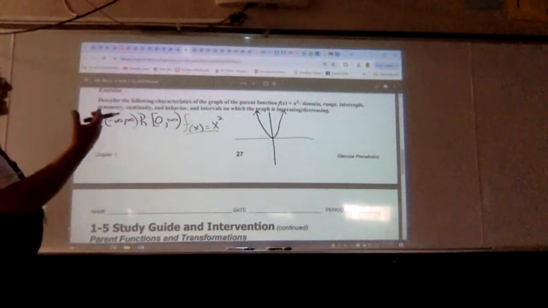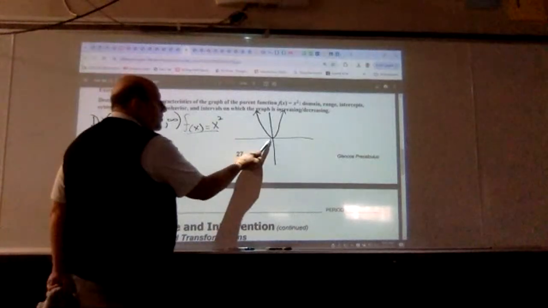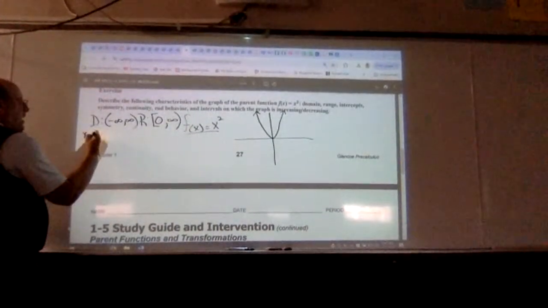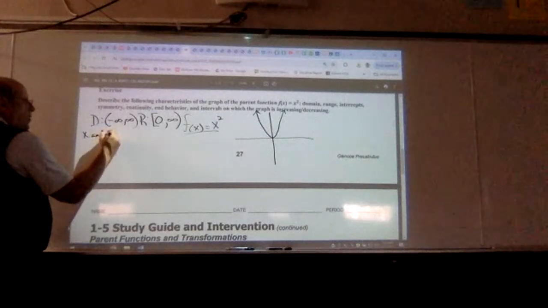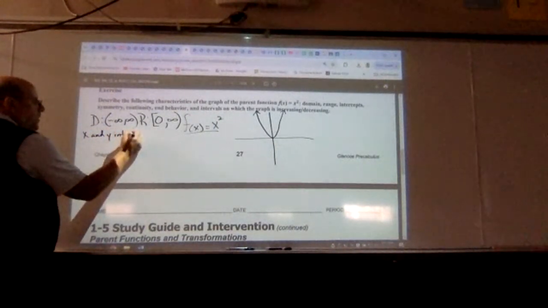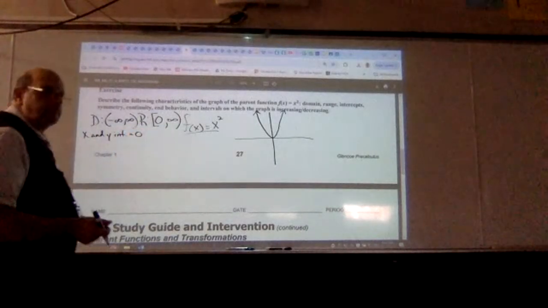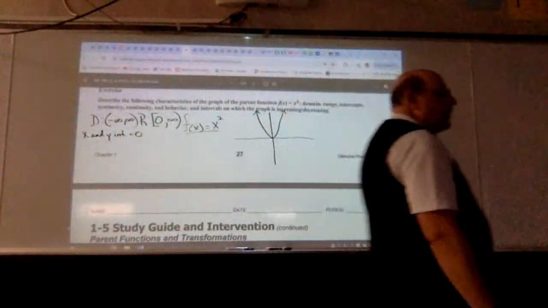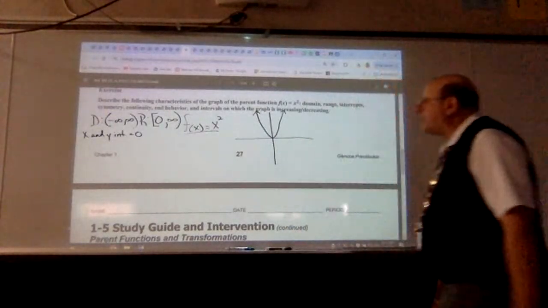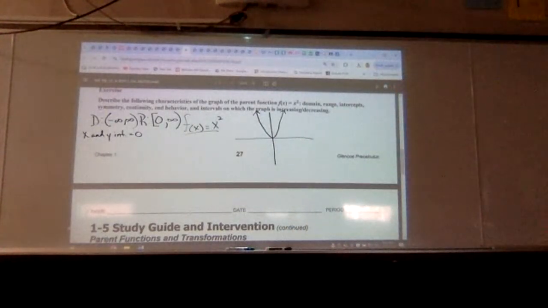Let's talk about the intercepts. Where does it cross the X and Y axis? Right there at the origin. So the X and Y intercepts are at 0, or you could give it a coordinate pair of (0, 0) if you want. Is this a continuous function? Any holes or anything in there?